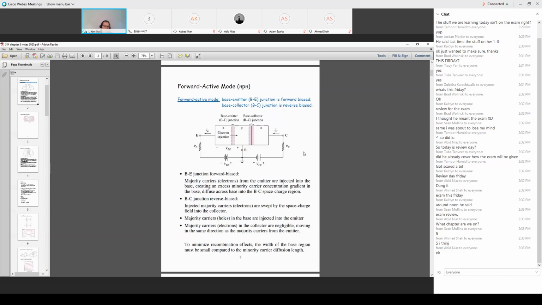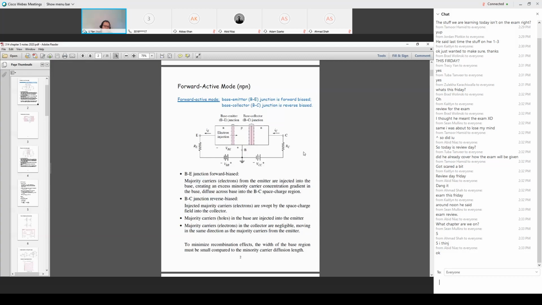Under reverse bias, you have a very strong space charge field on that second junction, and that space charge field normally blocks the current. However, under the injection of carriers from the emitter into the base, once they diffuse across the base, those carriers will be swept through the second junction to the collector.